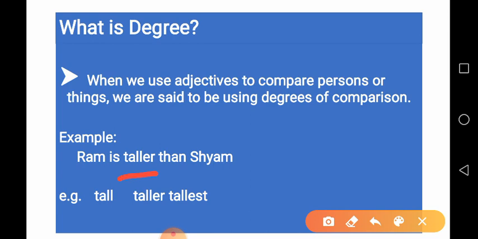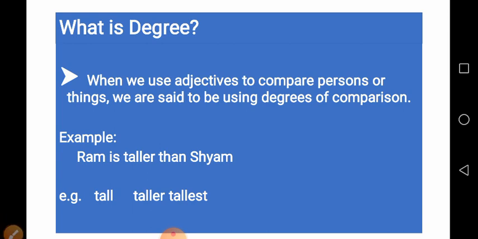So, there are three types of degrees. They are called positive, comparative, and superlative. A word tall is in a positive degree, it is written taller, and in a superlative it is a tallest. Okay? Have you understood?